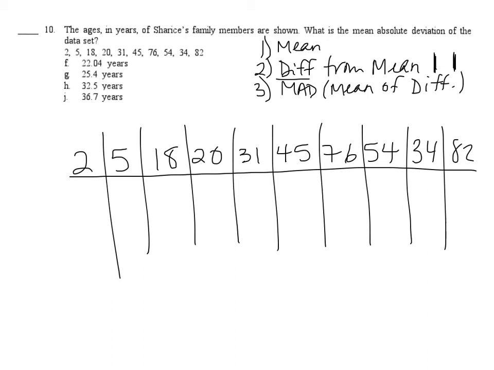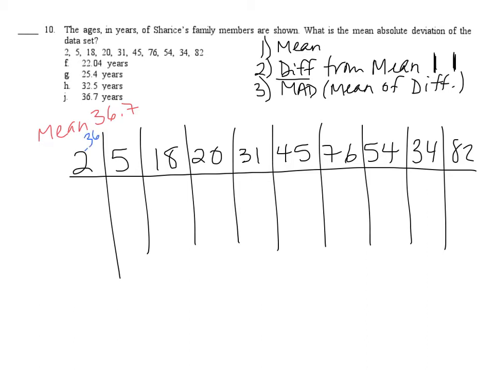So whenever I added, I got 367. Then I know there are 10 numbers. 1, 2, 3, 4, 5, 6, 7, 8, 9, 10. So I'm going to divide by 10. So my mean is 36.7.